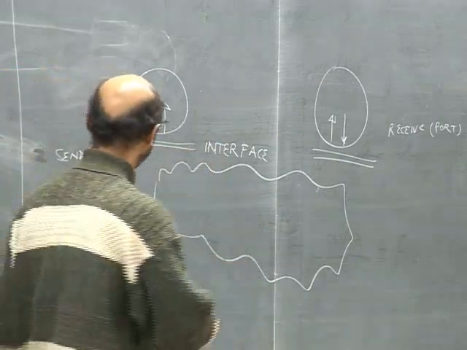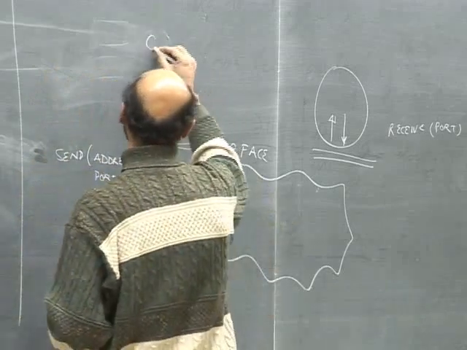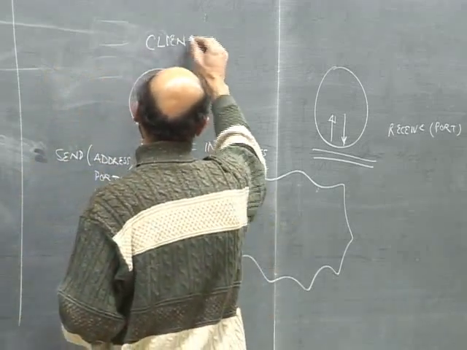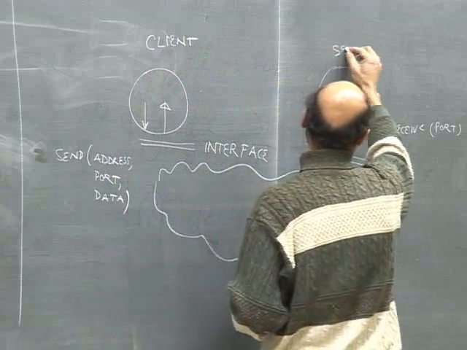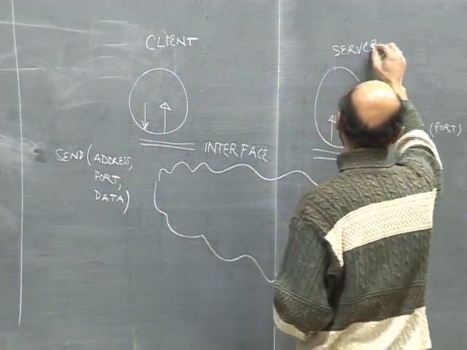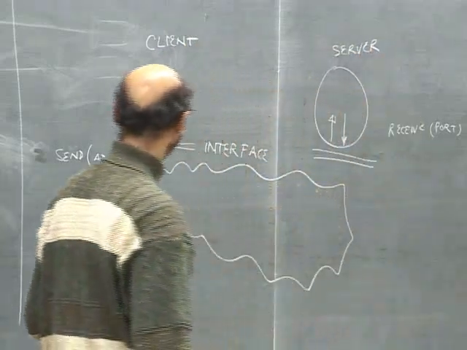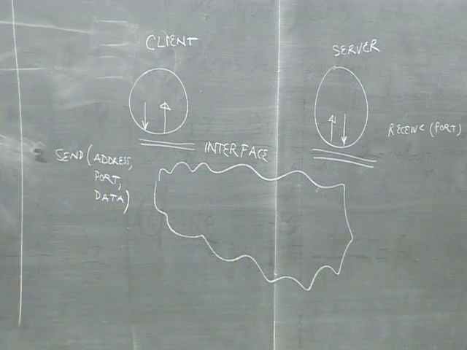So we call this kind of communication client-server communication. So this is client, and this is server. And we'll have more to say about that in a moment. But in a nutshell, this is how we write networking code. It's pretty straightforward.